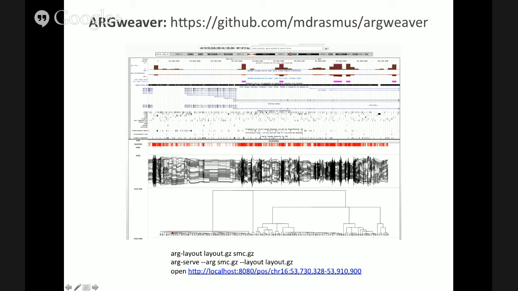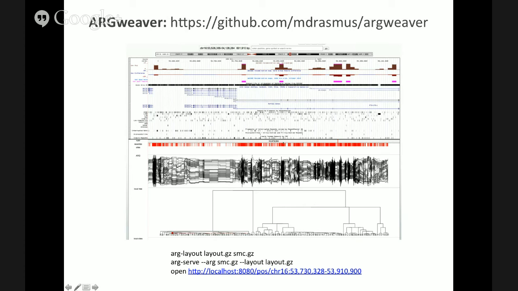If you're interested in these types of visualizations, they are implemented in our ARGweaver software on GitHub. There are programs that implement this layout algorithm, the heuristic version of it, and then it can serve these visualizations over a web server. There's even software that allows you to align this visualization with the UCSC genome browser, so you can see how the hotspot track corresponds to lots of crossovers in your ARG.